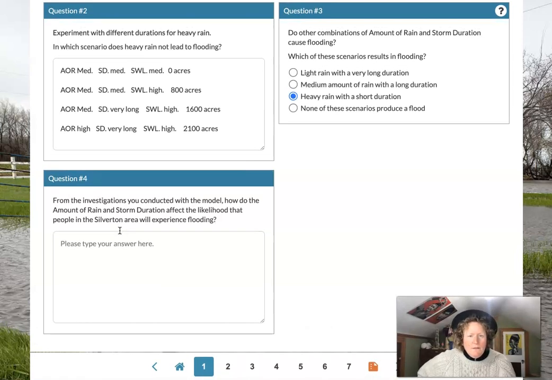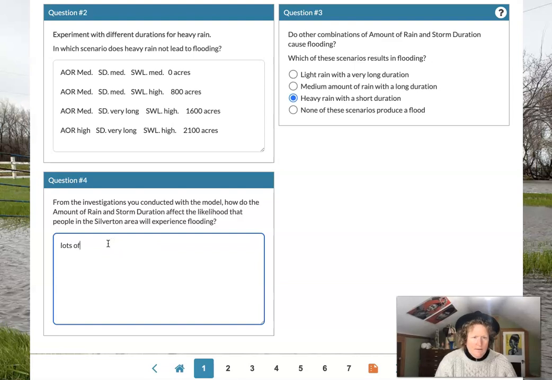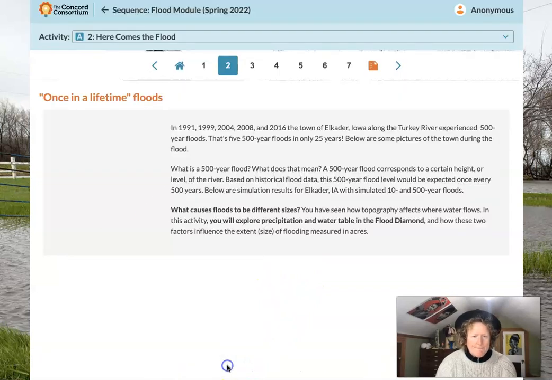Well, if you get a lot of rain for a long time, you're going to be flooded. Lots of rain for a long duration equals a high risk of flooding. Now, this is not the answer, but it's a good word bank to start your 1 or 2 sentence answer for that question.